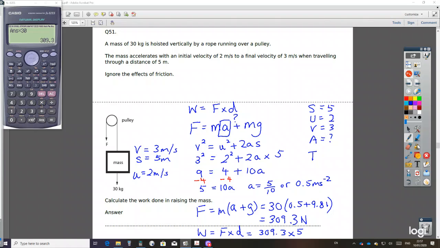So 309.3 multiplied by 5 gives 1546.5. Remember, work done is in joules. And this is the correct answer in the mark scheme.